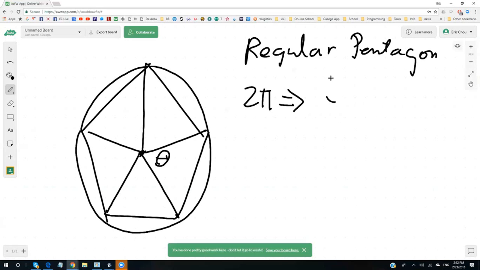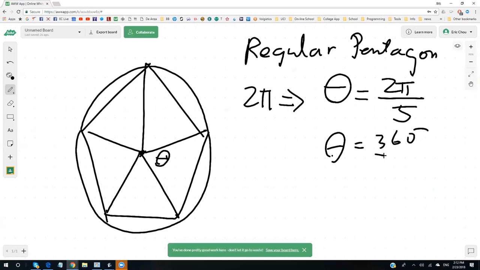So the angle will be 2 pi divided by 5. So that's the angle. Or your theta can be 360 divided by 5 if you like degrees.